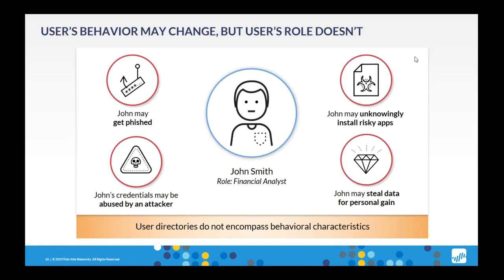So if a user who has a corporate account gets attacked by phishing emails or phishing attacks, and the credentials are stolen, and the machine gets compromised and is used for command and control activity, lateral movement, and even risky applications that impact the security posture of the organization, all of these things will not impact the user's role or user group on Active Directory.